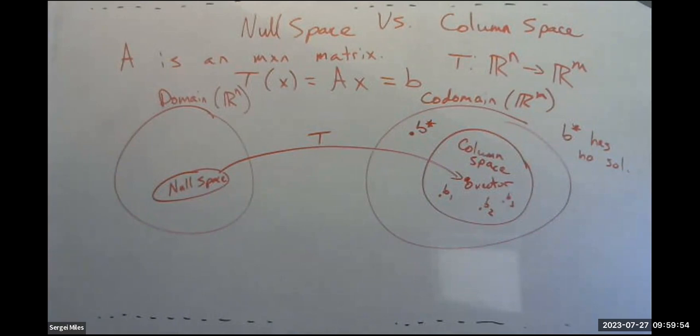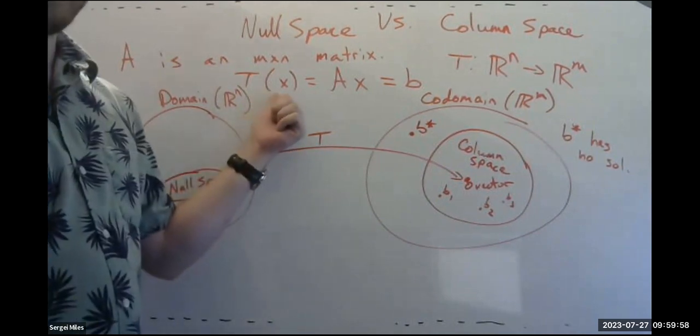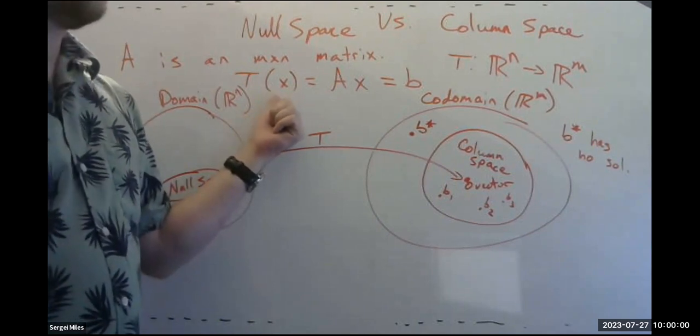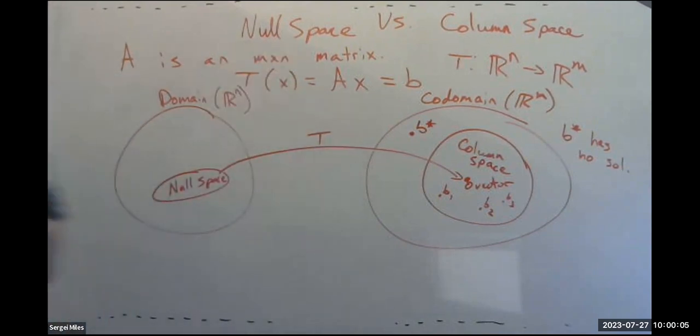When is it all of the codomain? Well, exactly when my transformation is onto, right? So again, those vocabulary terms we discussed in, what was it, chapter 2, they're going to come back, right? We can continue tying in everything we've talked about in this class. Everything kind of ties together in some way. Okay.